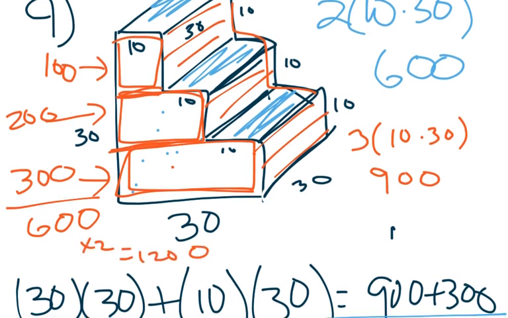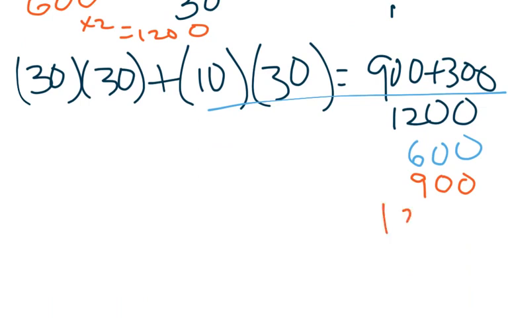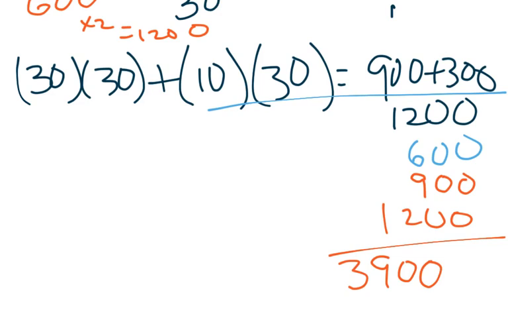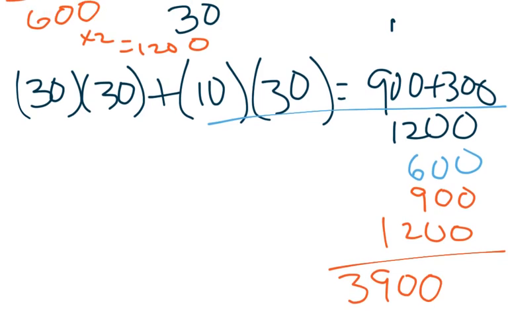So now let's add all of this up. So we have 1200 plus 600 plus 900 plus another 1200. And that equals 3900. So let's look at our possible answers. That does not match up. What am I missing?